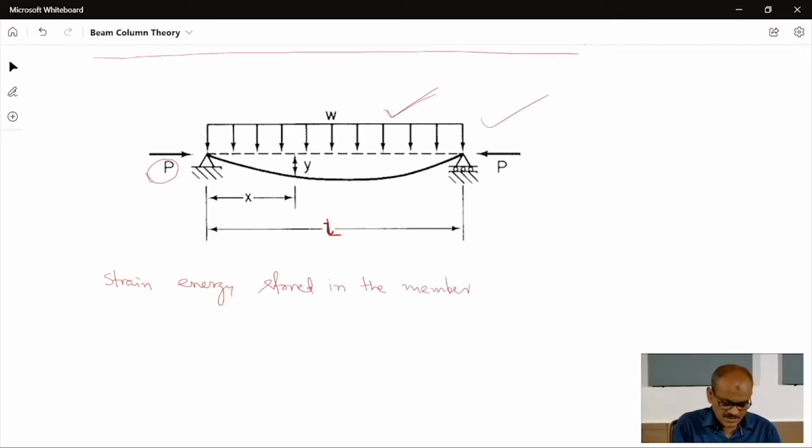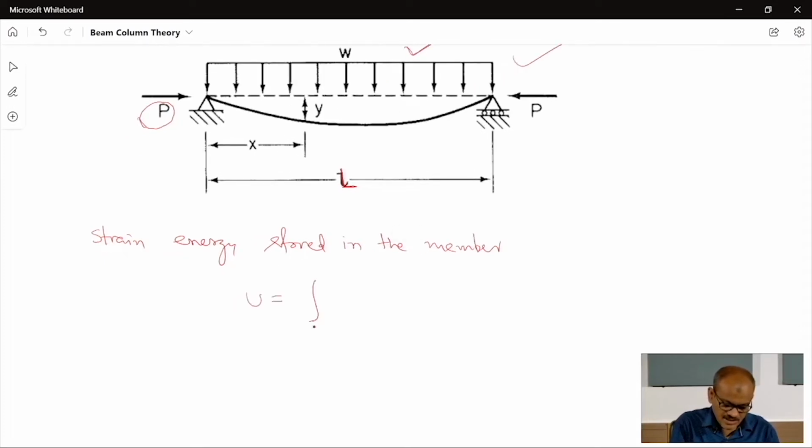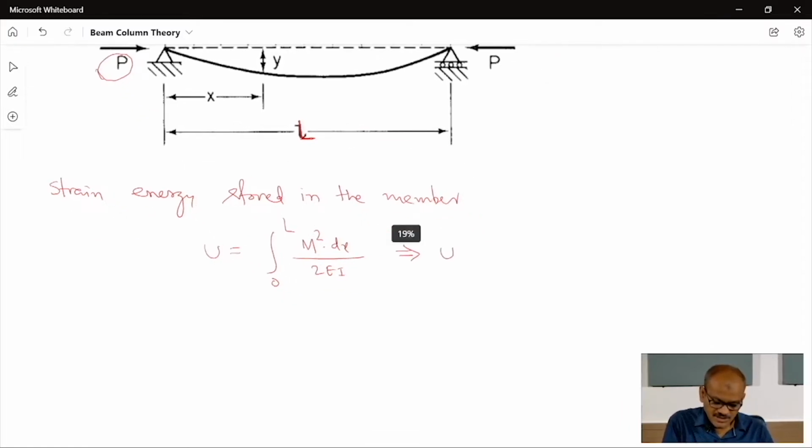U is equal to integration 0 to L M squared dx divided by 2EI, which implies U is equal to EI by 2 integration 0 to L, d squared y by dx squared, whole squared, into dx.